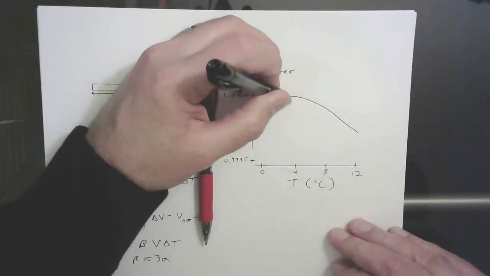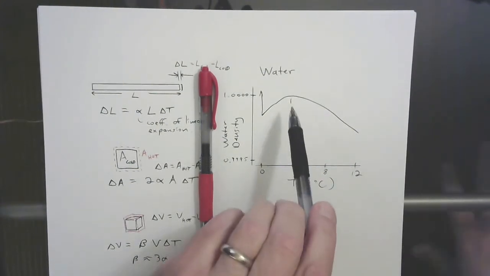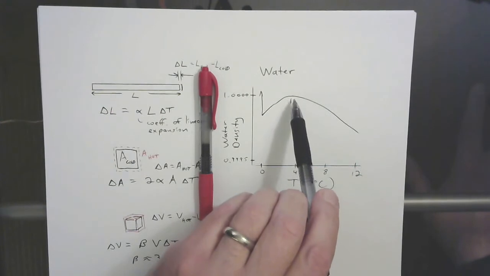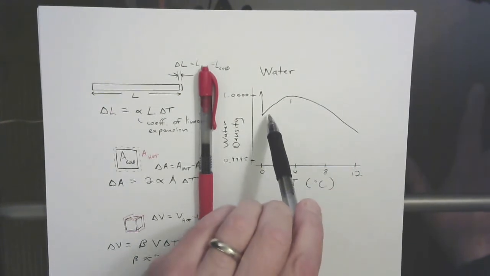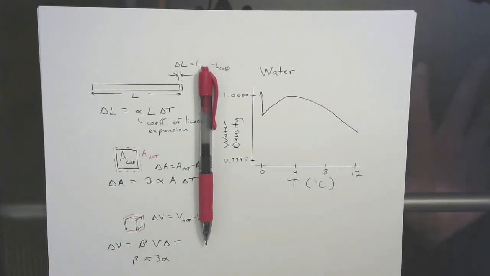So that's the most dense right there. And that water will roll to the bottom of the lake because it's more dense than everything else. So right there, the 4 degrees Celsius water is more dense than either the 0 Celsius bits or the 8 Celsius bits, and so that's gonna go to the bottom of the lake.